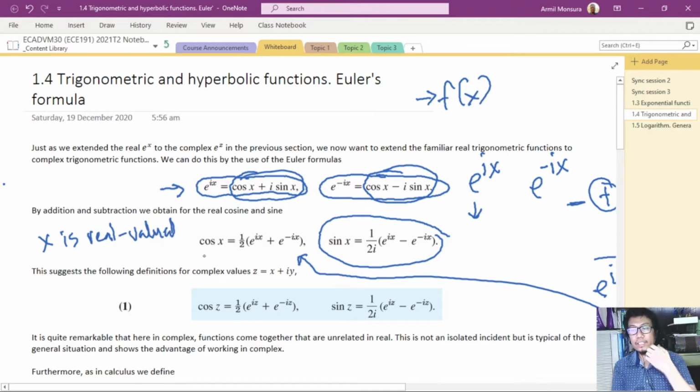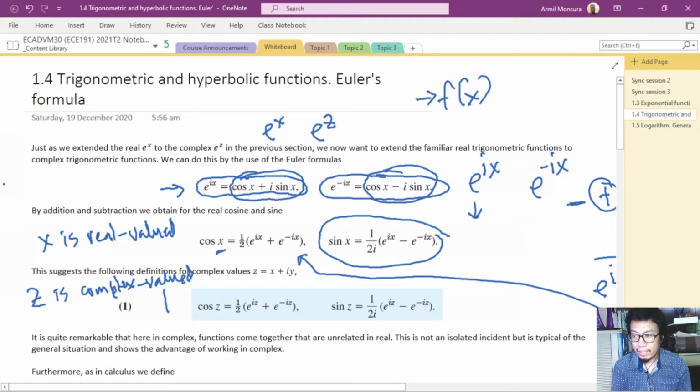But as we did with the exponential function e raised to x, we actually extended this by assuming that the exponential function can take an exponent that is complex. We can do that same technique here. If we assume that x would take a complex number as its argument, then we can simply replace x with z, remembering that z is now complex valued.